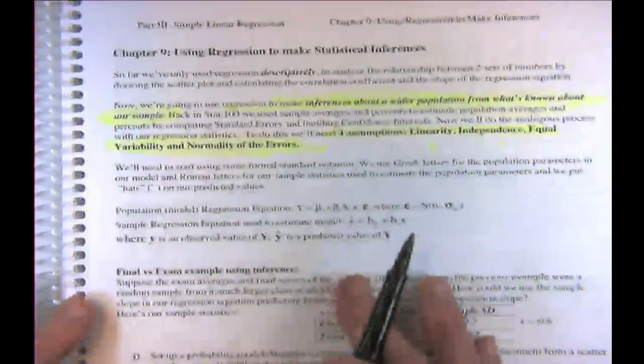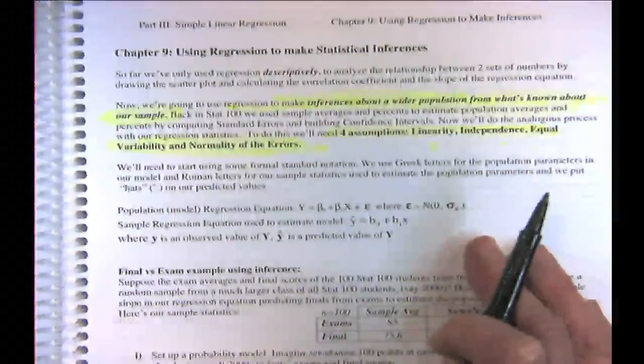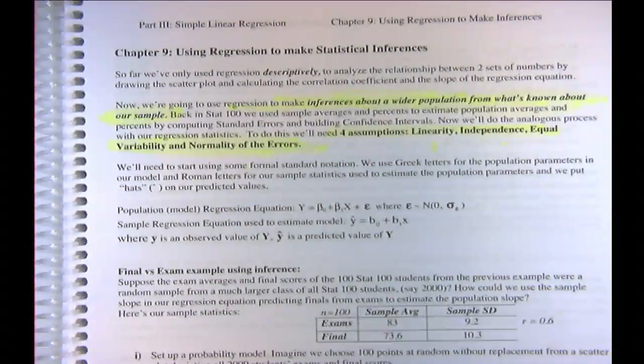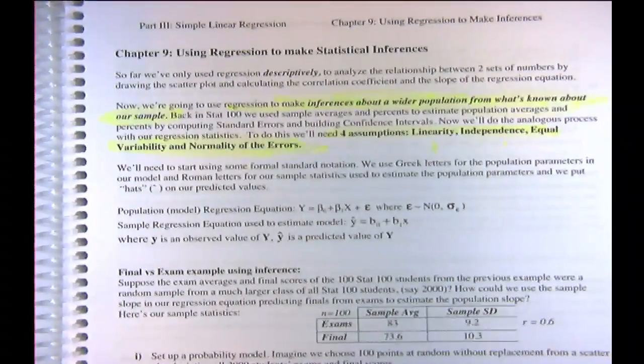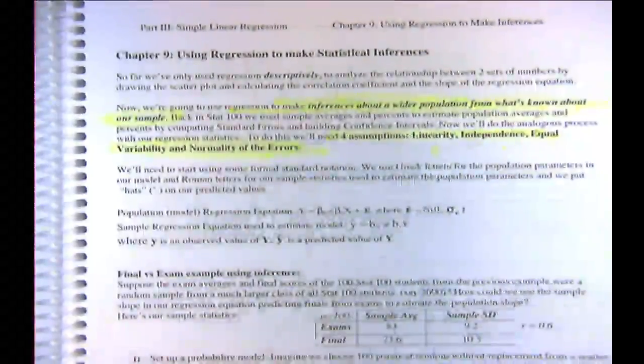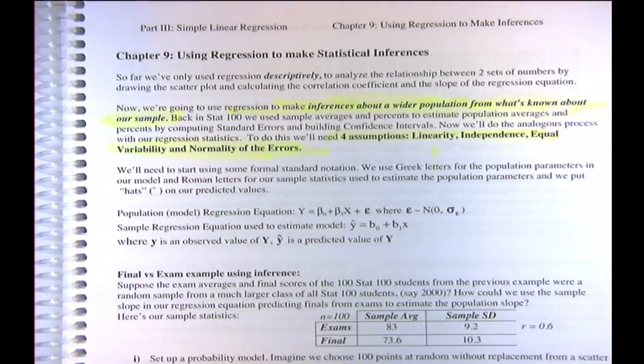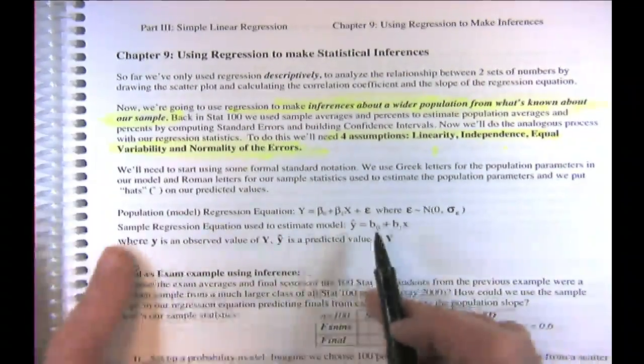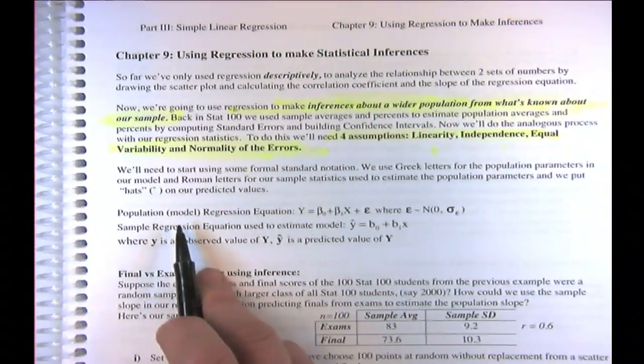Also, at this point, because we're talking about making inference to a wider population, we're going to get really confused if we use the same equations and terminology for our sample statistics and our population parameters. So it's a good time to make sure we're clear about whenever we're talking about the population.